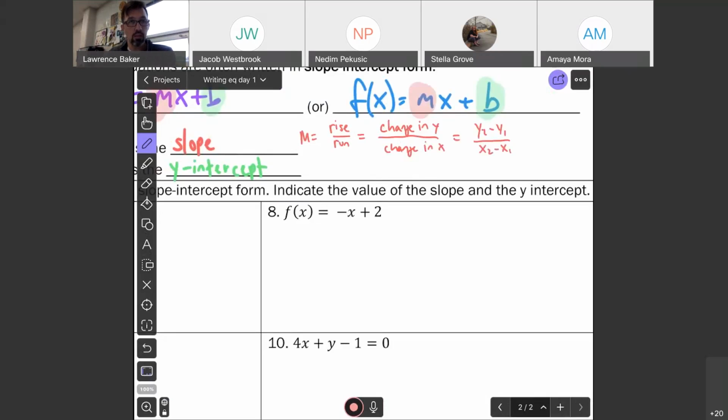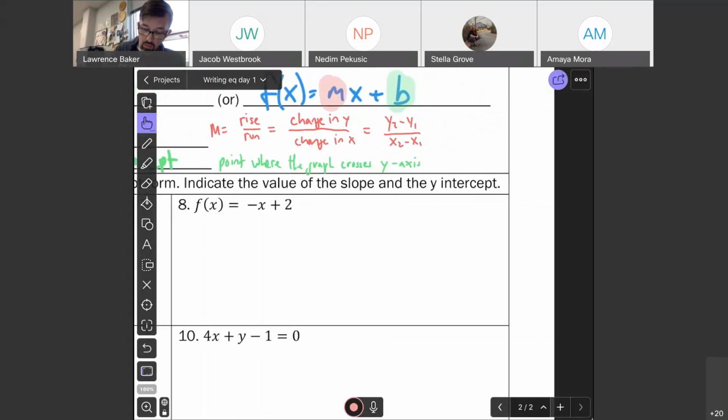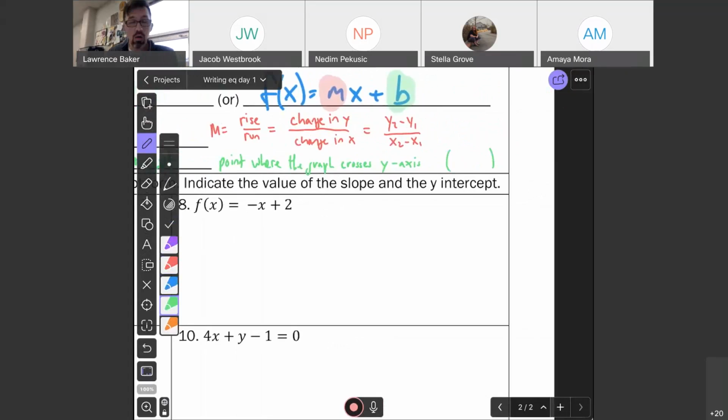So think about what slope means. And then, what's a y-intercept? That's the point where the graph crosses the y-axis. And we know something about that: it's a point, so it has coordinates, and all y-intercepts have an x value of 0.